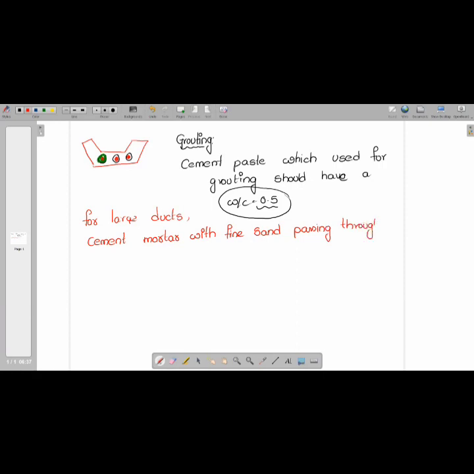So the first point you have to see is that the water cement ratio is 0.5, and the fine sand passes through which sieve, they can ask you. The sieve is 150 micron.